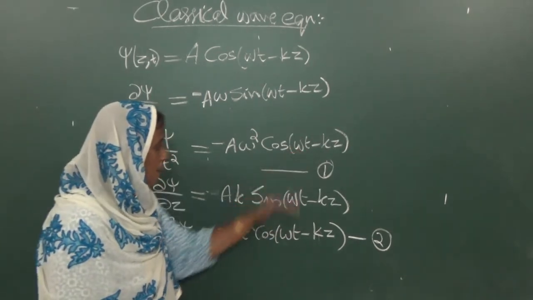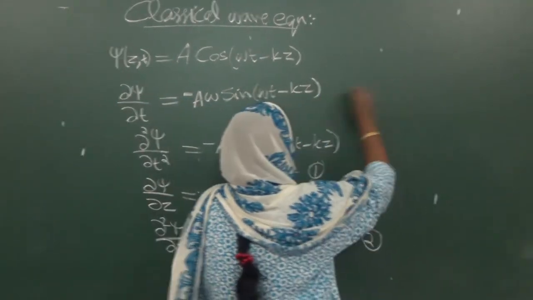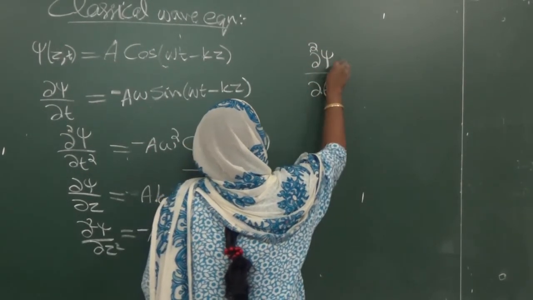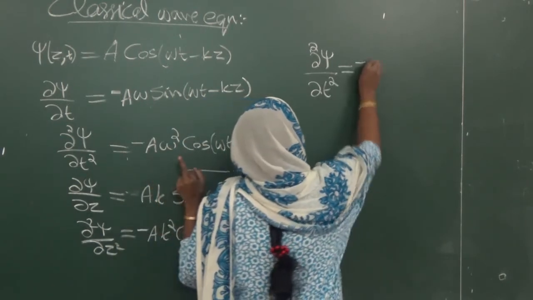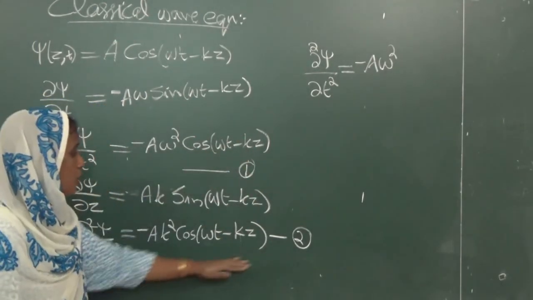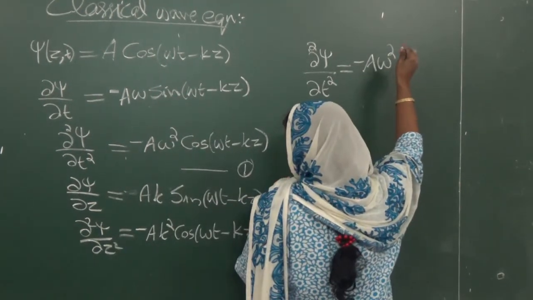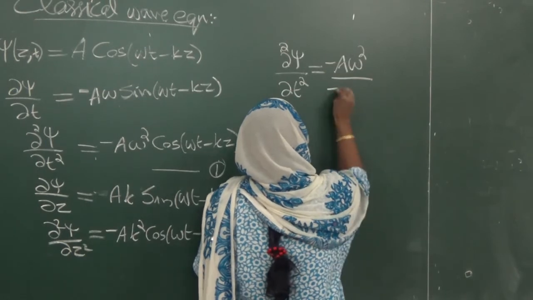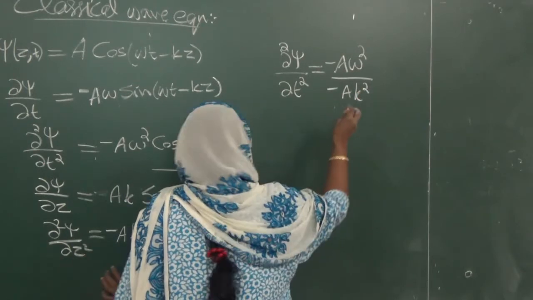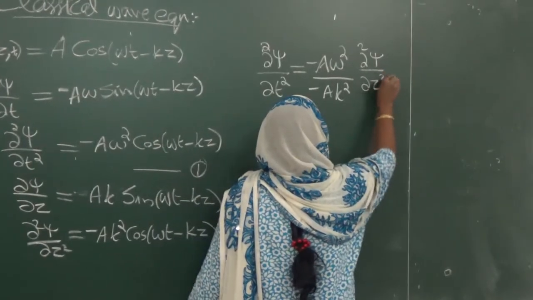So we can compare these two equations. From equation 1, dou square psi by dou t square equal to minus a omega square, and now the cos term is replaced from equation 2, so minus a k square dou square psi by dou z square.